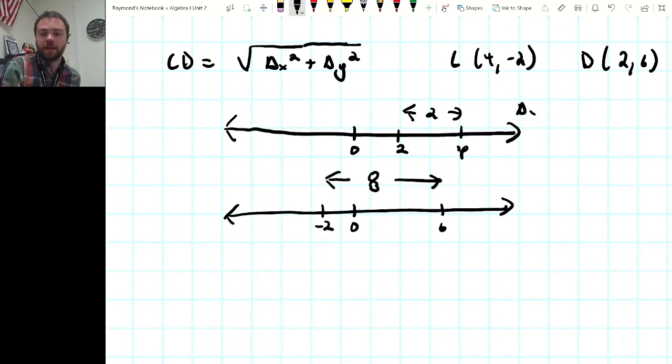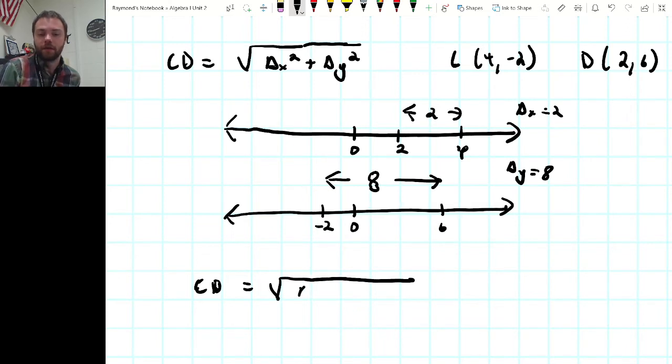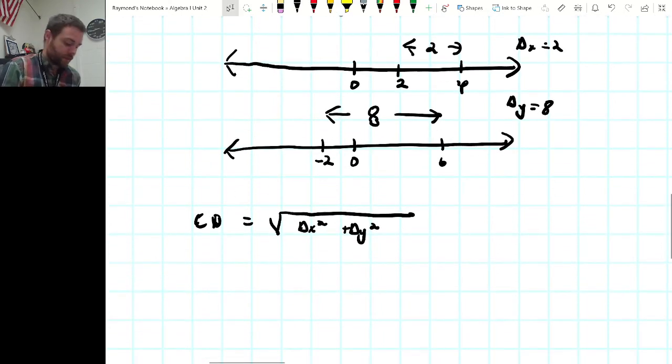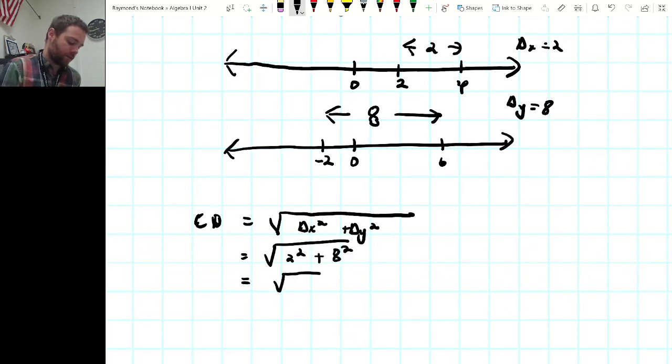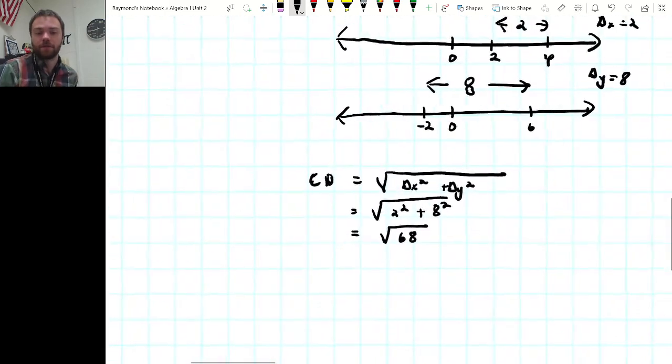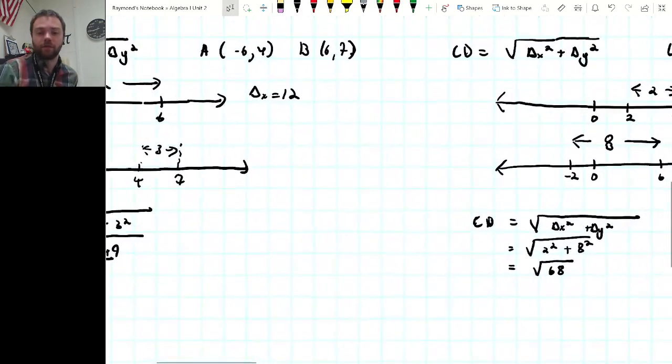So delta x is 2, and delta y is 8. I can plug those two values into the formula for CD, which is just a rewrite of the distance formula. So I've got the square root of 2 squared plus 8 squared, which is the square root of 68, because 8 squared is 64, 2 squared is 4, and 64 plus 4 is root 68. Now all I have to do is plug that into that formula.